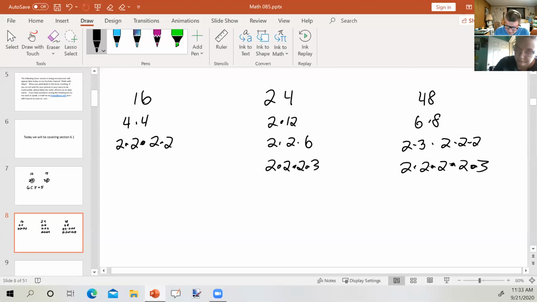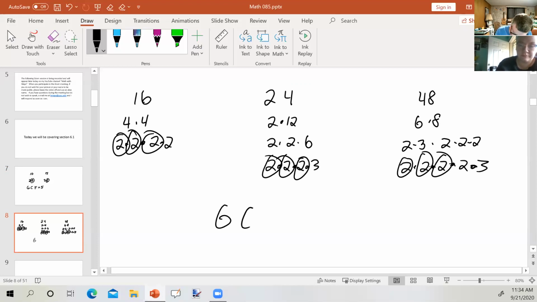All right, I can see that they all have a 2 in common. So 2 is a common factor, but it's not the greatest common factor. They also share a second 2. In fact, they share a third 2. That's all though. They don't share another 2 or a 3.